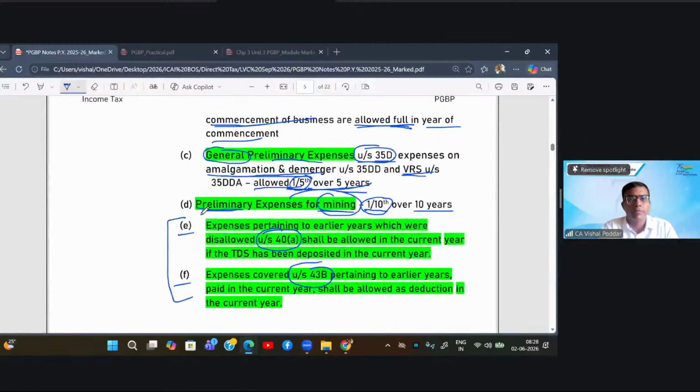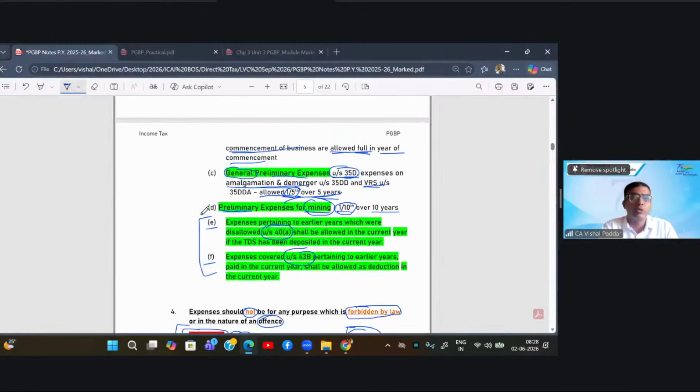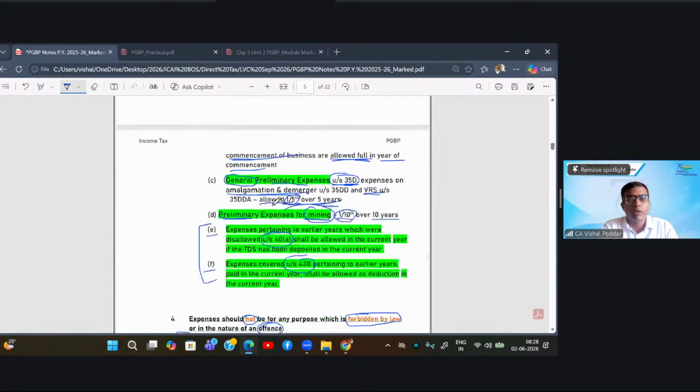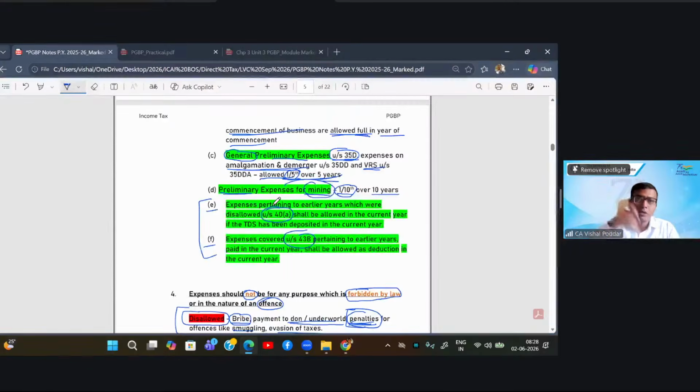Interestingly, there is a new challenge. What is the challenge? That we only allow you deduction of current year. But what has happened? You are claiming deduction in the current year of some past year expense. Now, why you are claiming that expense? Because originally the expense was disallowed in 40 clause A in that past year.